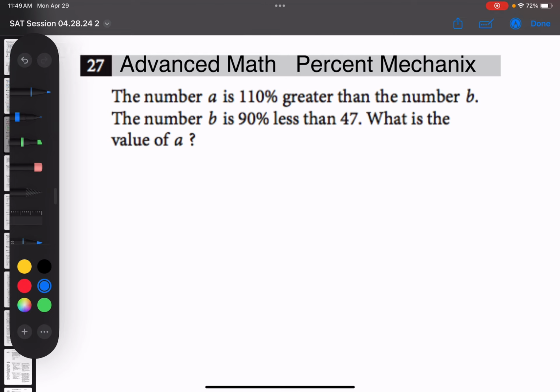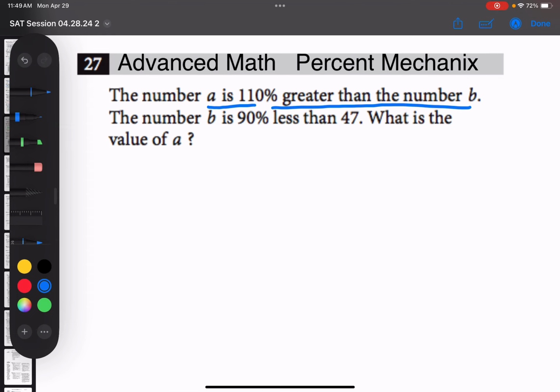The number A is 110% greater than the number B. What does that mean? So I'm going to interpret it in blue. The number A means equals 110% greater. Check this out. I'm doing parentheses. Didn't we see this a few questions ago?